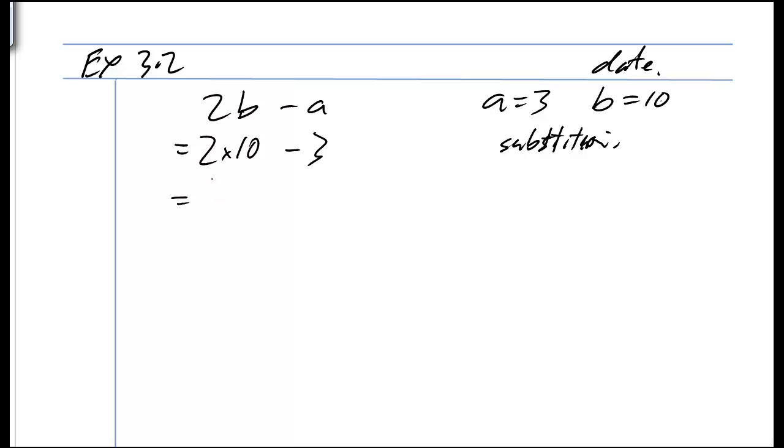So using BIMDAS, do the brackets, multiplication, division. So 2 times 10 is 20, take 3, equals 17.